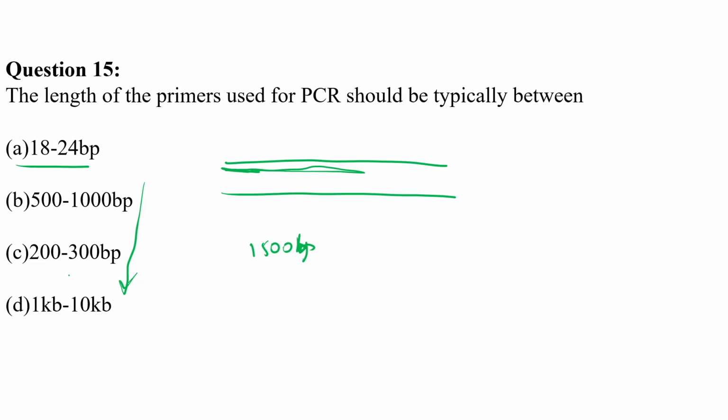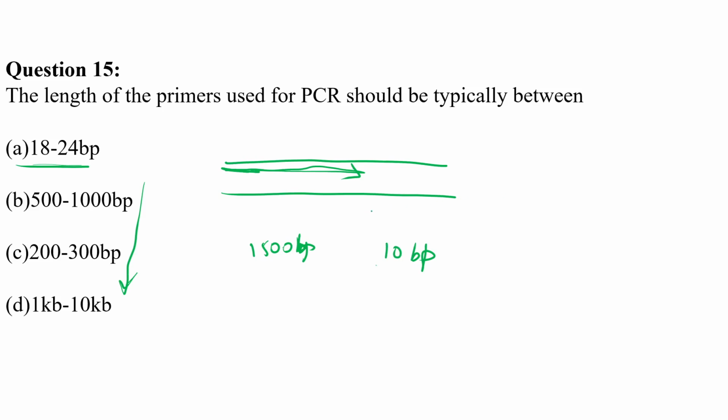Using an optimum length of primer is best for getting proper extension in the polymerase chain reaction. If you use very small primers, smaller than 18 base pairs, let's say a primer of 10 base pairs, there's a higher chance that this primer will bind to other regions also.